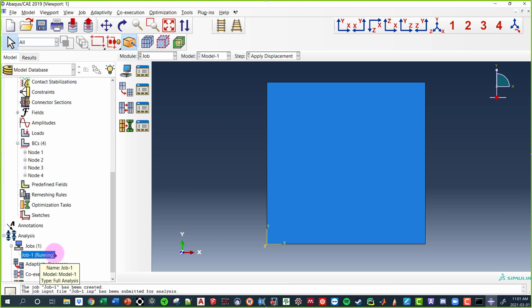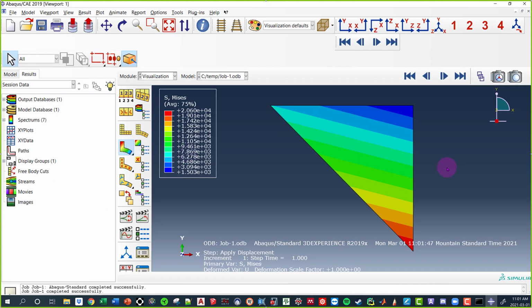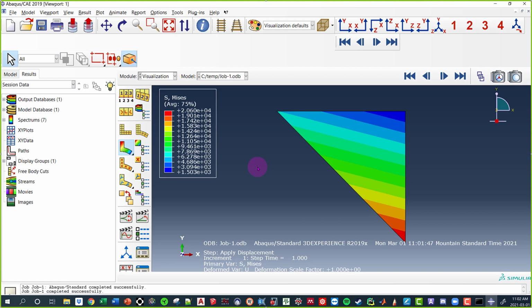Running. So I'm going to look at my results, and as expected, we have something like this. Now, of course, this looks like complete crap. But basically this is only like this because I put it as 1, 1.